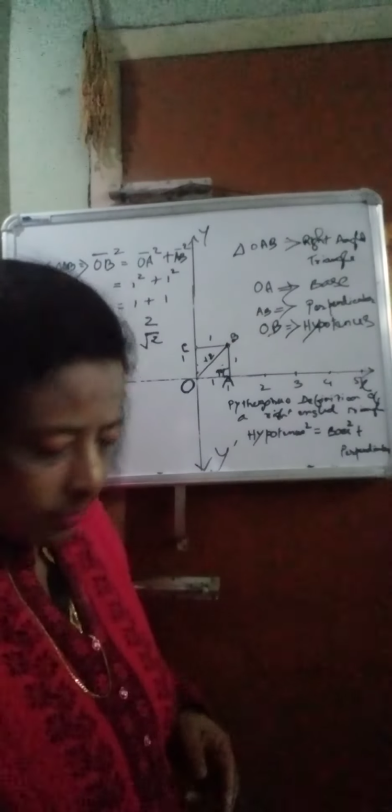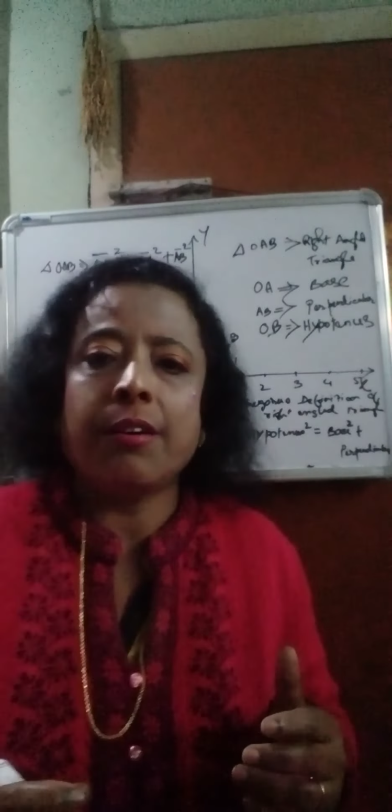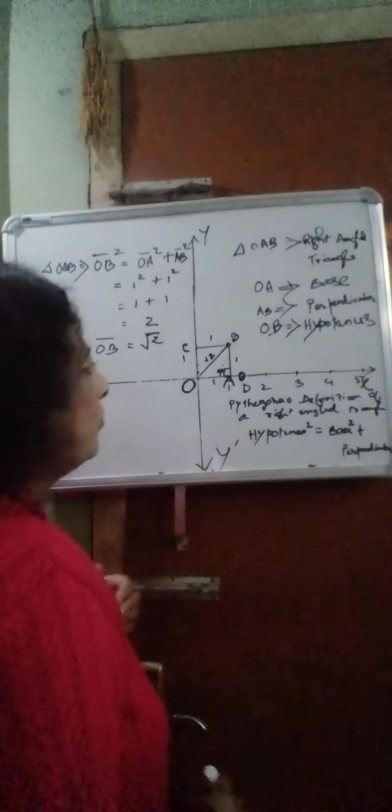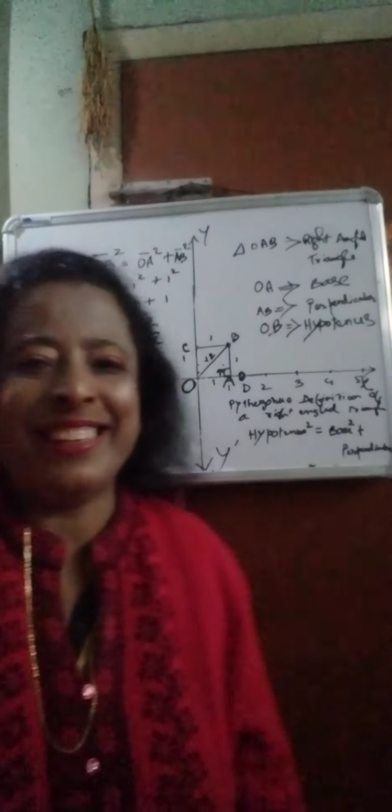This is the position of root 2. Root 2 is an irrational number. That means we can conclude, suppose D is the position of root 2 on the number line.